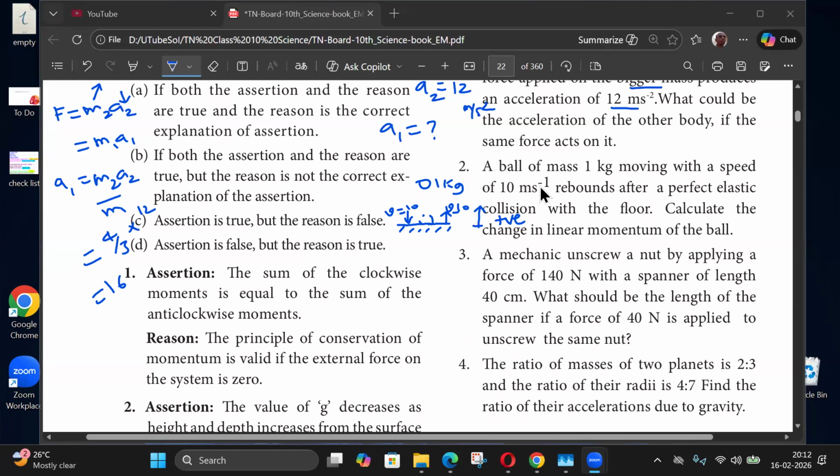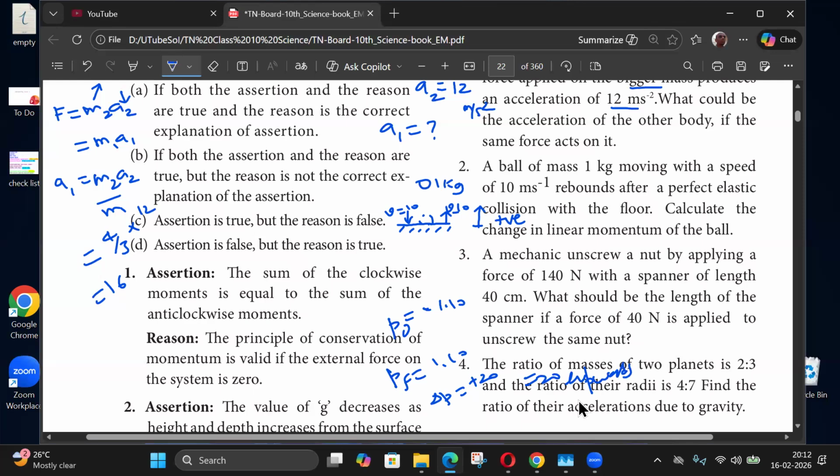See here, if you choose the upward direction as positive, then initial momentum is minus 1 into 10. Yes, sir. And final momentum is 1 into 10. So now the change delta P is plus 20, with the upper direction. So this means it's 20, and the sign I can write as upwards.